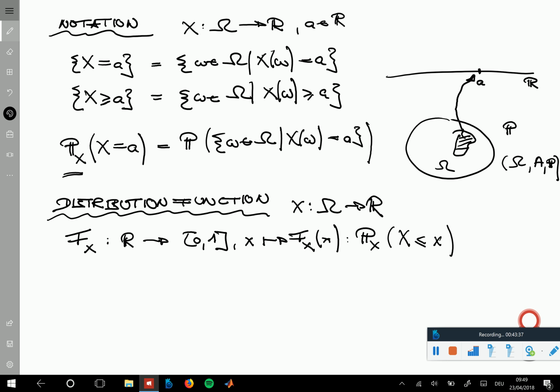And one can show, using mathematics, that distribution functions fully specify probability distributions. If you write down the distribution function, you have equivalently written down the probability distribution. The other way around, if you define a probability distribution, then also the distribution function is fully specified.